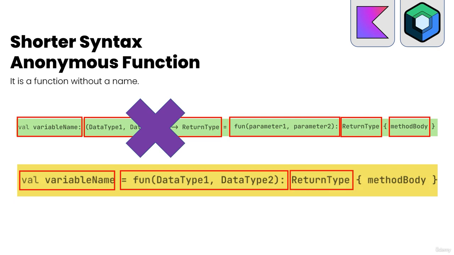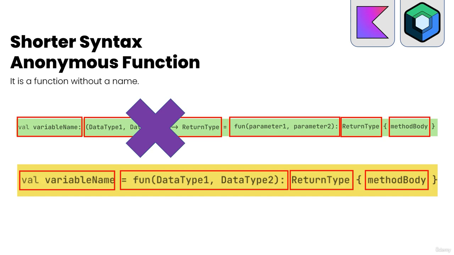Then we need to add the return type and then the method body. So we can eliminate the data type 1, data type 2 that gives us the return type. These are more details and more explanations on what the parameters and the returning types of this function are. So we can get rid of them. This is the shorter syntax, and we're gonna use it many times in our projects, and we'll see it in the next videos.